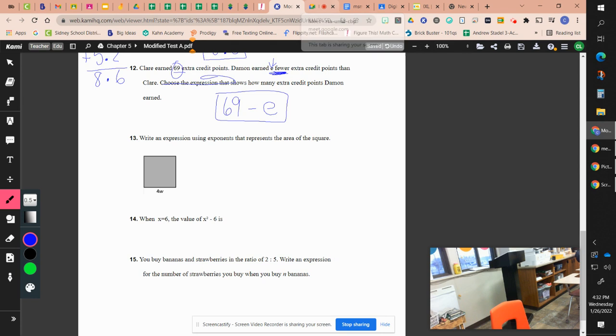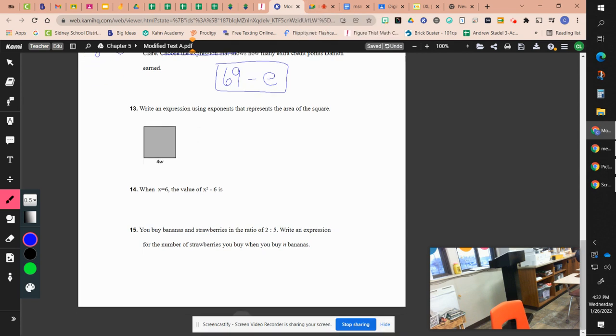Now, the next one says write an expression using exponents that represents the area of a triangle. I said triangle, I meant square, sorry. Area equals length times width. For a square, it's actually area equals side length squared. Either way, you multiply this amount by this amount.